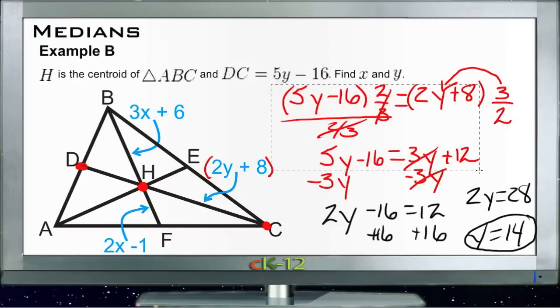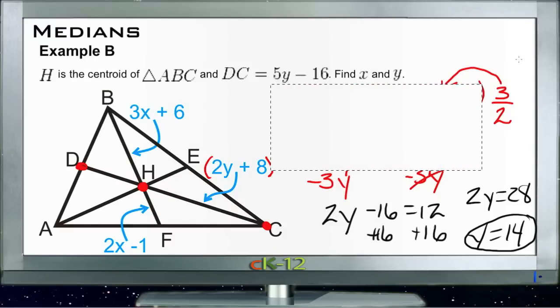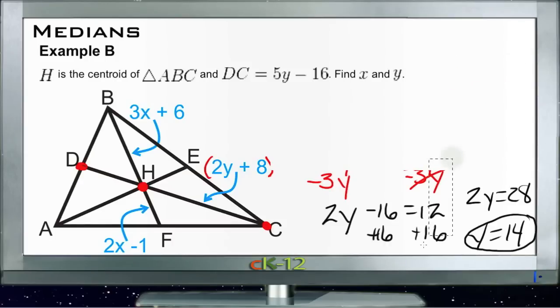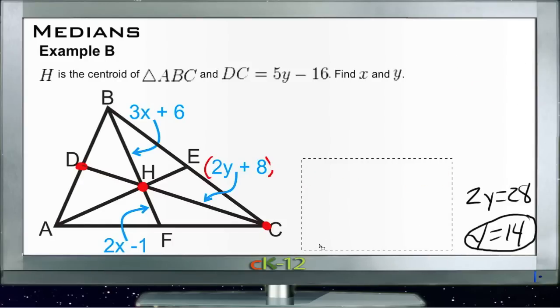Let's make a little room here. And similarly, to solve for x, we know that 3x plus 6 is BH, so it represents 2/3 of a line.